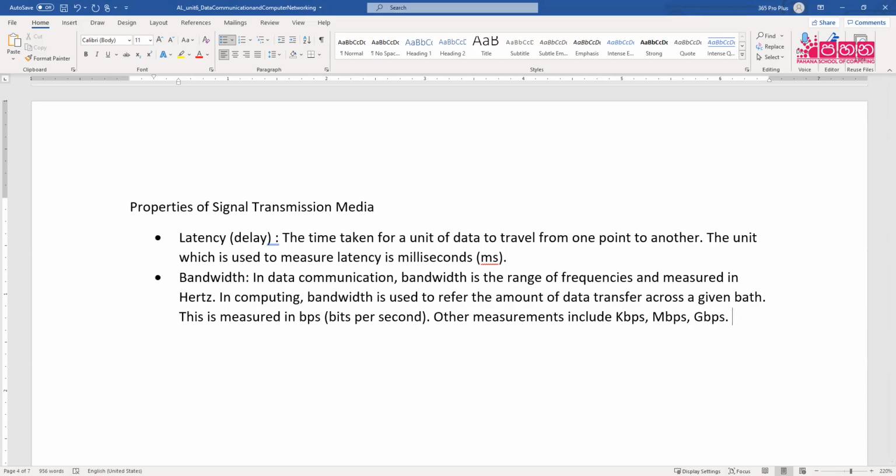So you can go on like this. But remember, when it comes to data communication, we say the range of frequencies. When you say range of frequencies, which means the lowest and the highest. Right. So that's about the bandwidth.